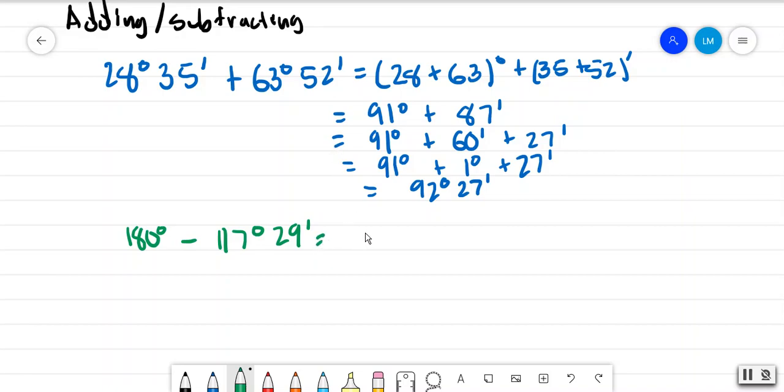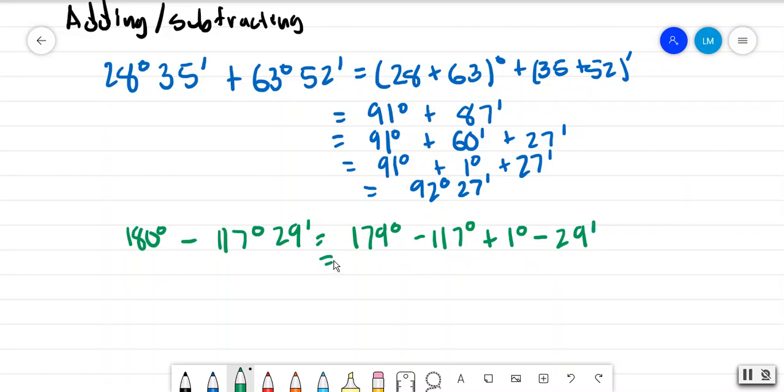So we'll say that we have 179 degrees minus 117 degrees. And keep in mind that that's going to be plus 1 degree minus 29 minutes.